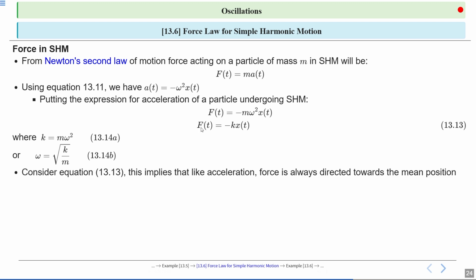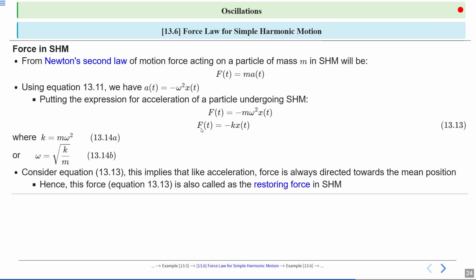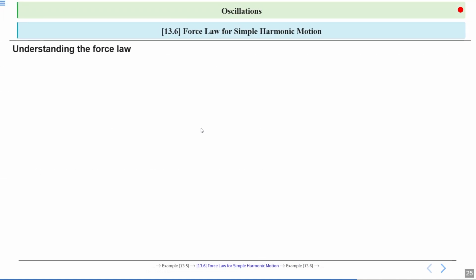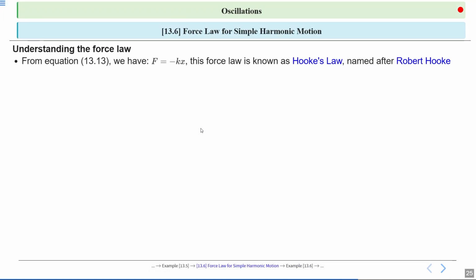Consider equation 13.13. This implies that like acceleration, force is always directed towards the mean position. Hence this force equation 13.13 is also called the restoring force in SHM. From equation 13.13 we have F is equal to minus kx.